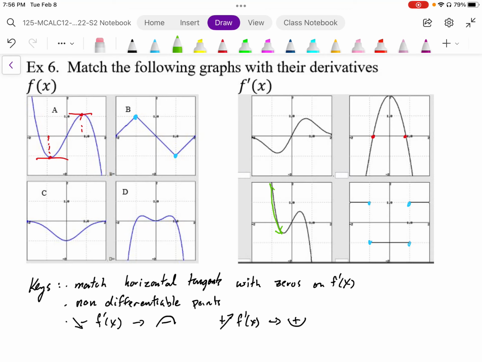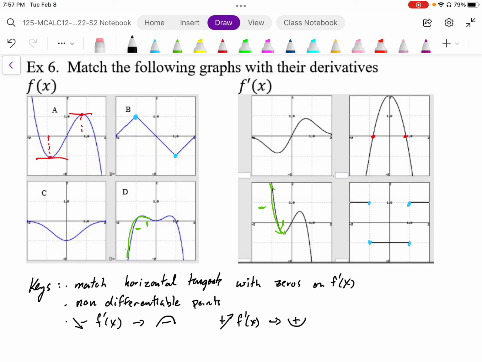Okay, so sorry, negative slope on the derivative means negative concavity. So in this graph here, all the way to here, those x coordinates relate here and here. It looks like there's negative concavity. Here there's negative slope. Those two things seem to match.